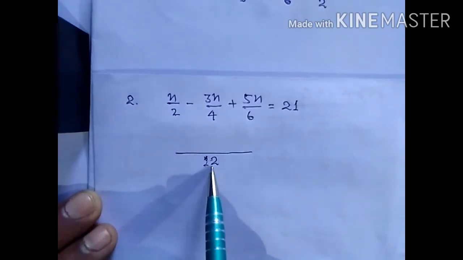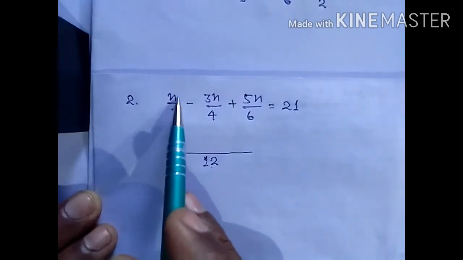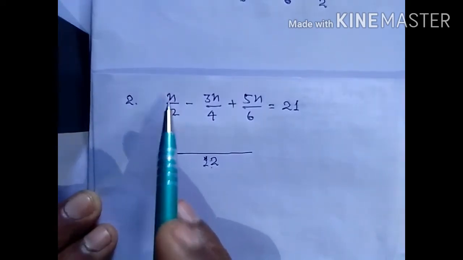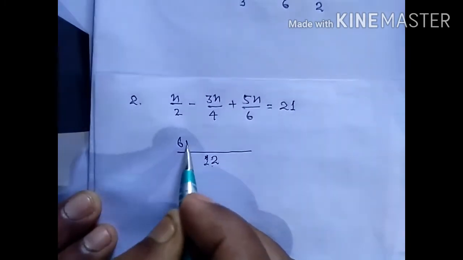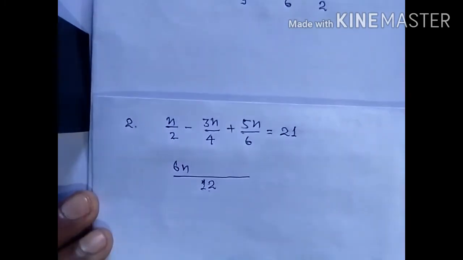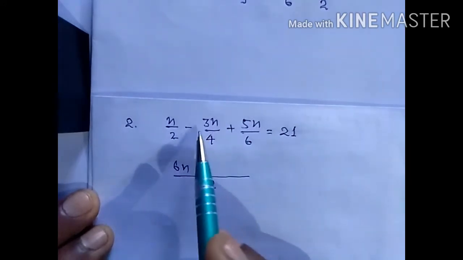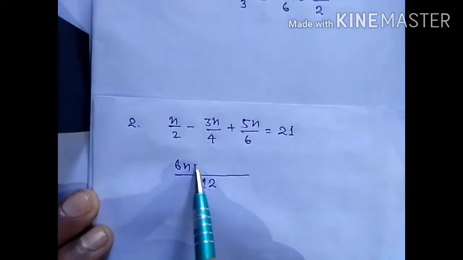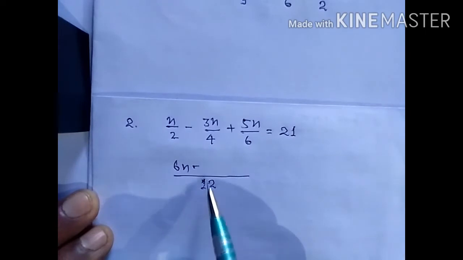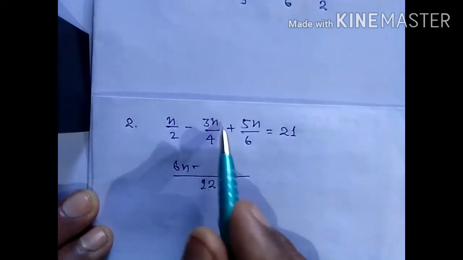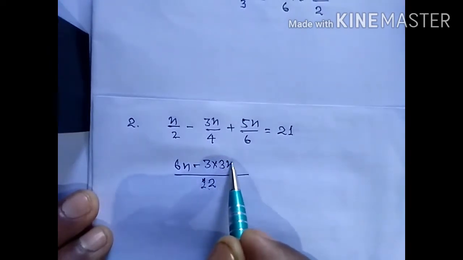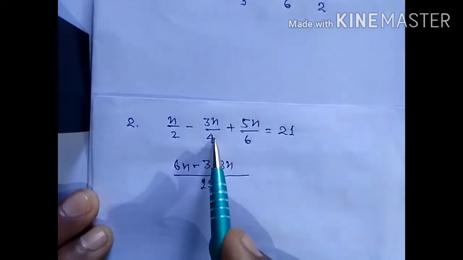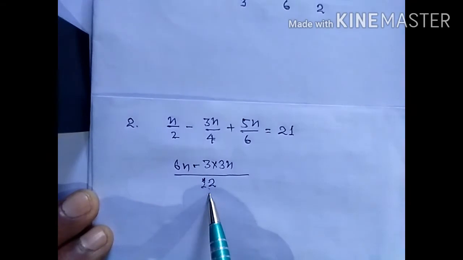So 2 6s are 12, so we multiply this numerator by 6, then it will be 6n. Next, minus, 4 3s are 12, so 3 into 3n, because we have to multiply this 4 by 3 to make it 12.